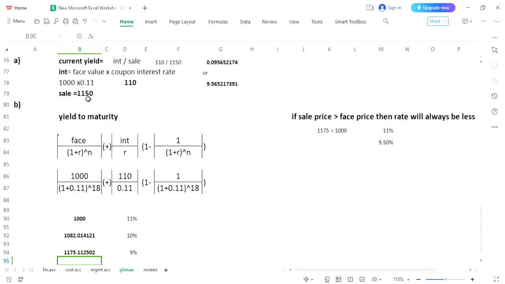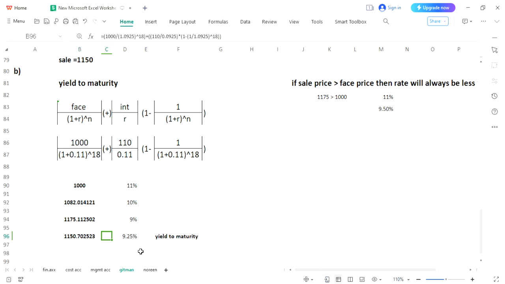The target sale price was 1150, so we were willing to increase the amount. To increase the amount, we have to decrease the rate from 11 to 10 to 9, and then finally 9.25, with which the value of the bond equals your sale price. B part is solved, and this is your C part, which is just theory, and you are going to write this line. You are going to define the relationship.